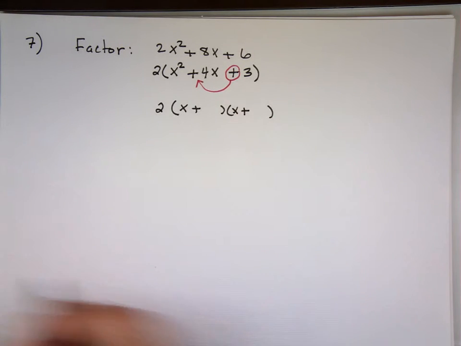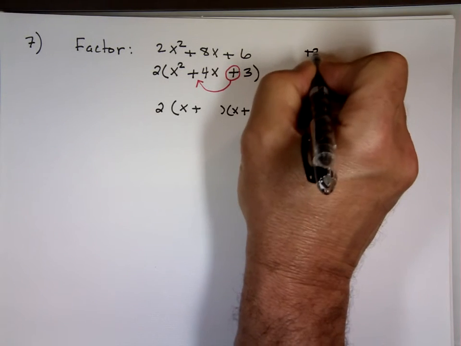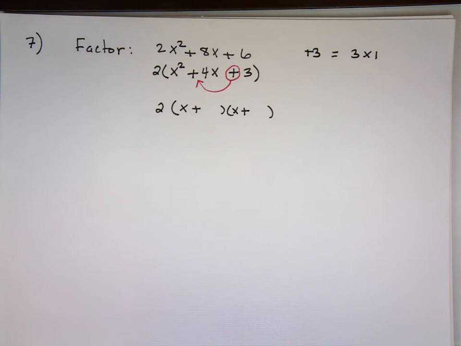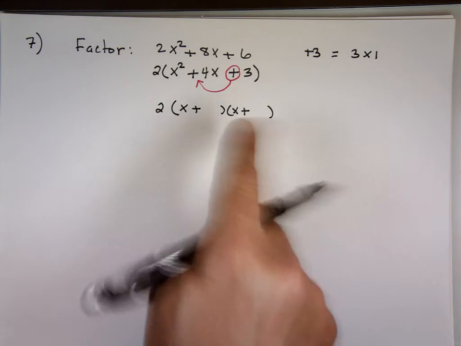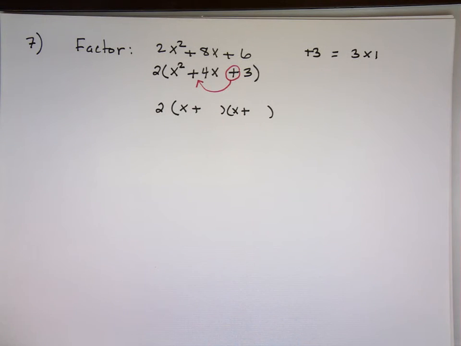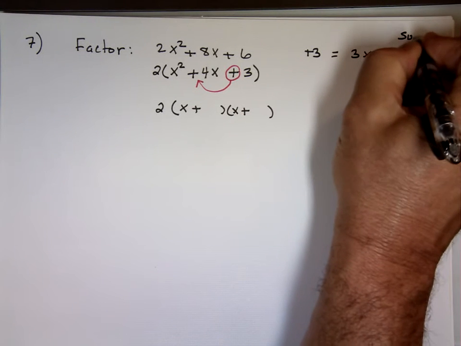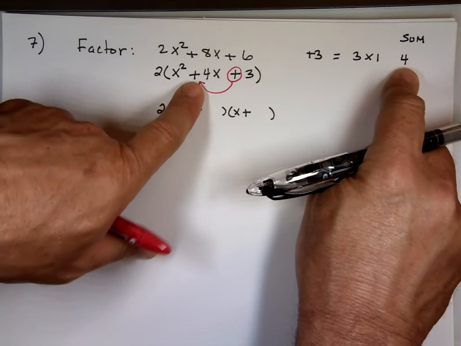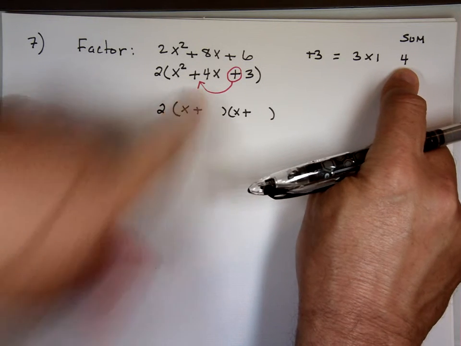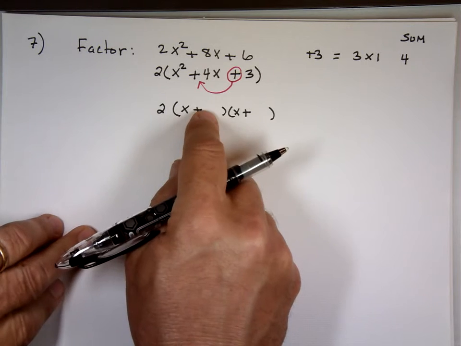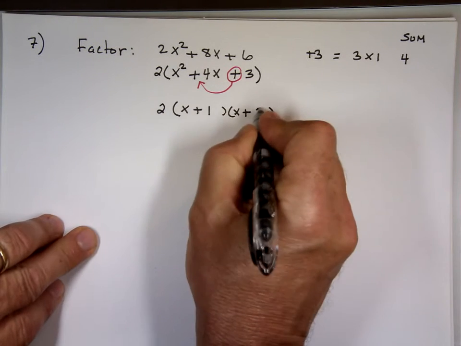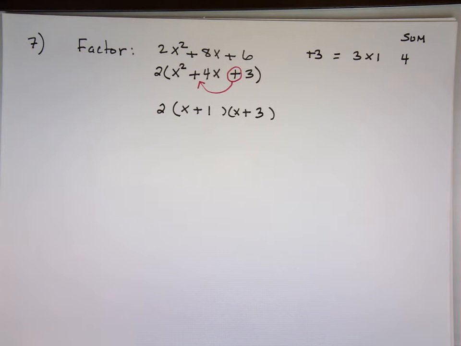The plus 3 is only 3 times 1. That's the only way to get a plus 3 using positive numbers. And what's the sum of 3 and 1? That's 4, which matches that number. So one of these numbers is going to be a 1, the other one is going to be a 3. It doesn't matter which one. And that's my answer.